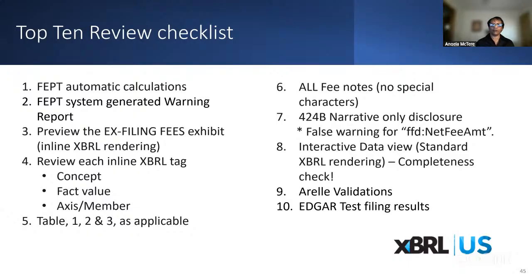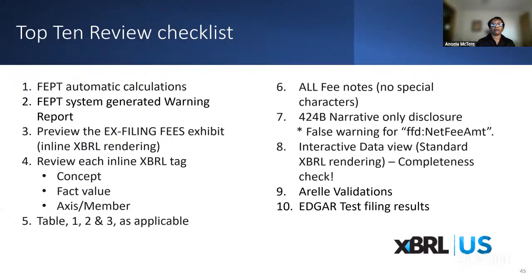You want to make sure that when you've completed the table, you are generating your warning report, reviewing the report that's automatically generated, just to confirm or review any warnings that may be provided.